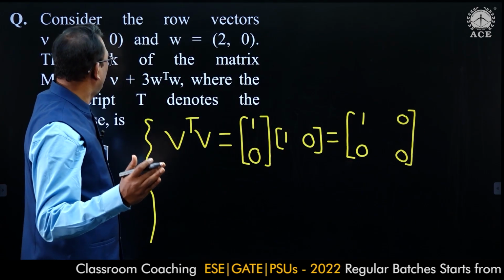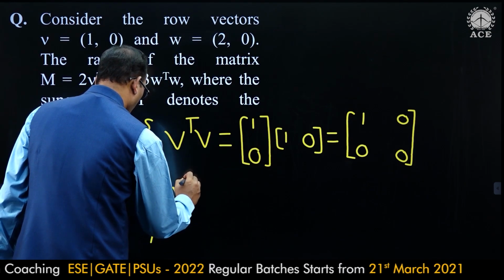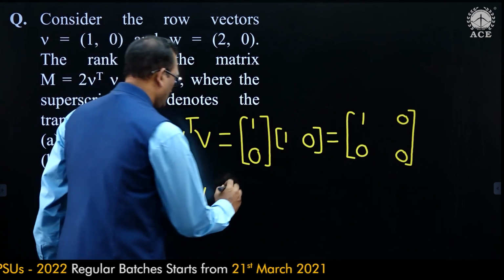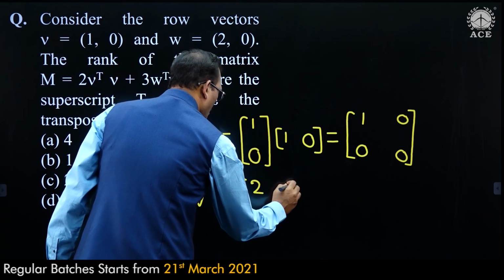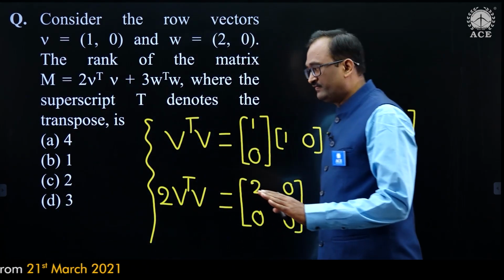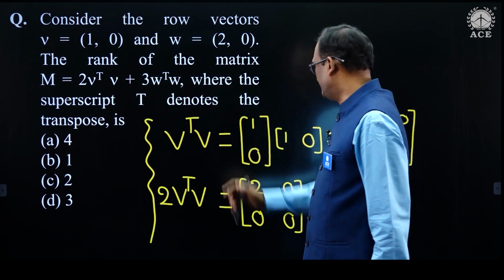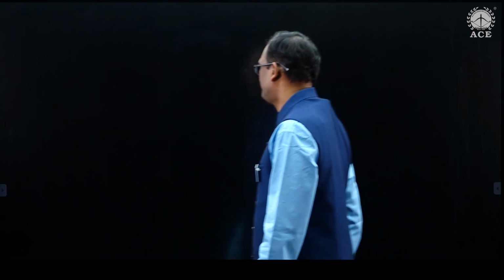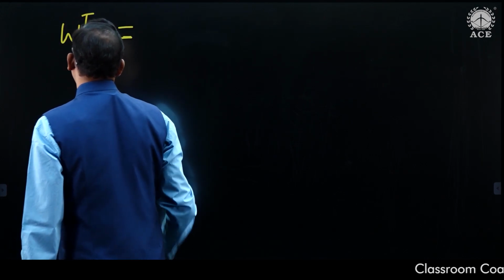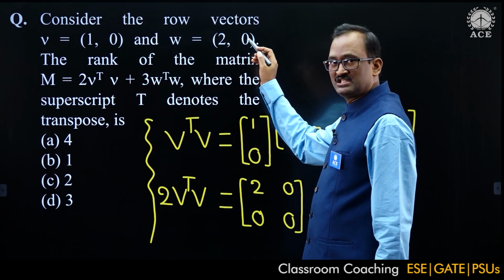But actually we need 2 times of V transpose into V. 2 V transpose V. So multiply that matrix by 2. 2 into 1 is 2, 2 into 0, 2 into 0, 2 into 0. This is the value of 2 V transpose V. Similarly, let us find 3 W transpose W. What is W? That is a row matrix of 2, 0.